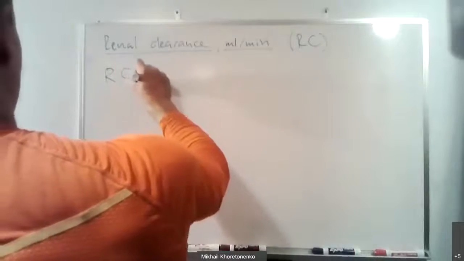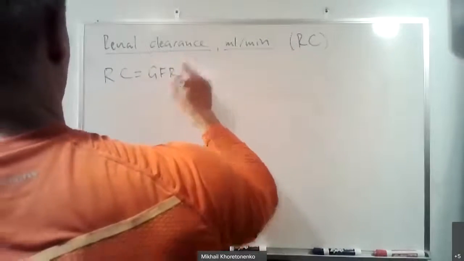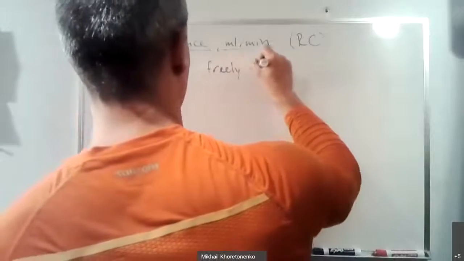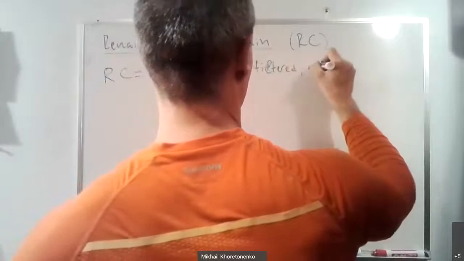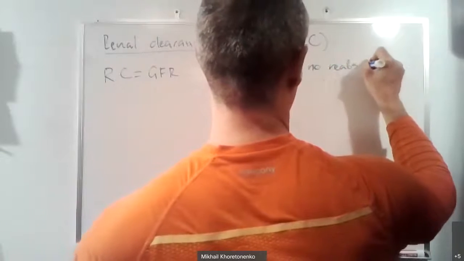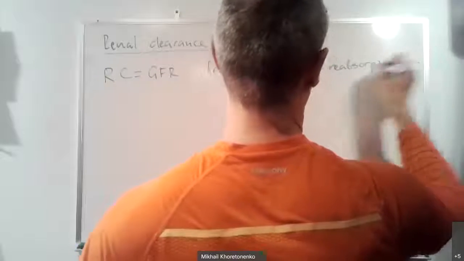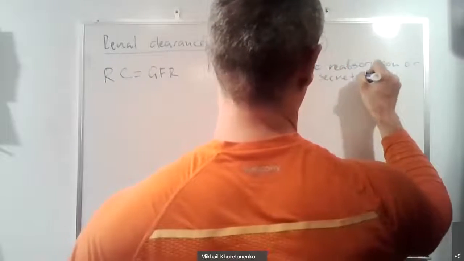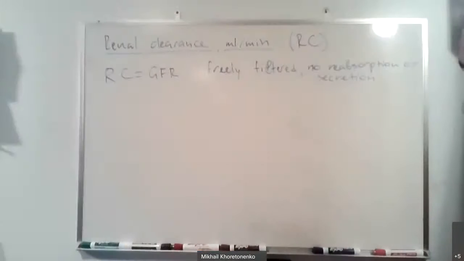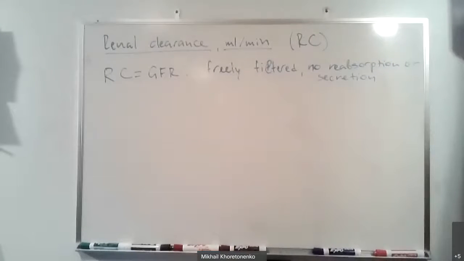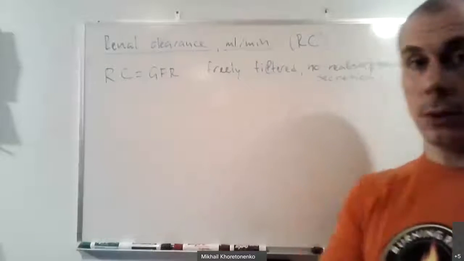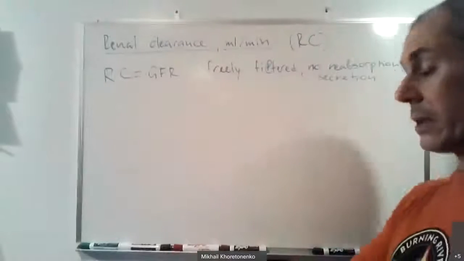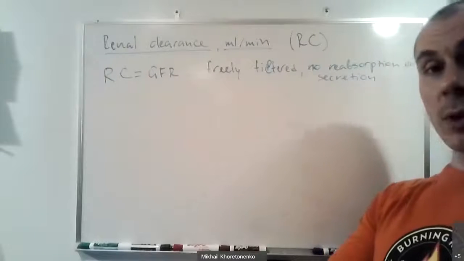So if renal clearance is equivalent to GFR, what does that mean? It means that the chemical is freely filtered, with no reabsorption or secretion. Does that make sense to you? So for instance, if you go to a physician and they do your urinalysis, the urine test, one of the lines there is going to be creatinine.